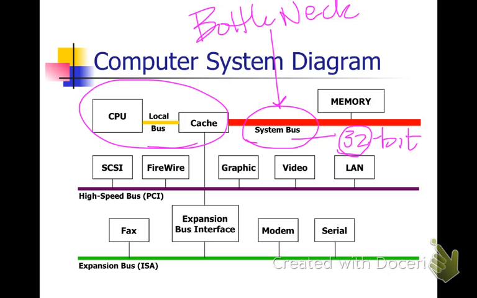So I can only get to a certain part of what's in memory, and I can only get to it with that much space. Everything we're doing is going from the CPU to memory and back, so I'm always traveling across the system bus. That's the bottleneck. Alright guys, let's finish the rest of this.